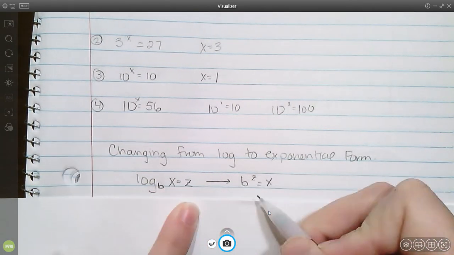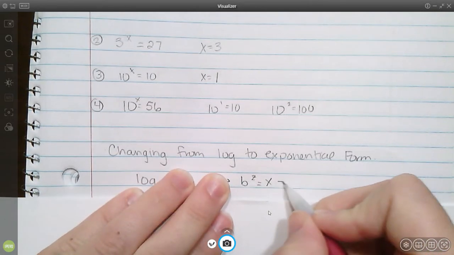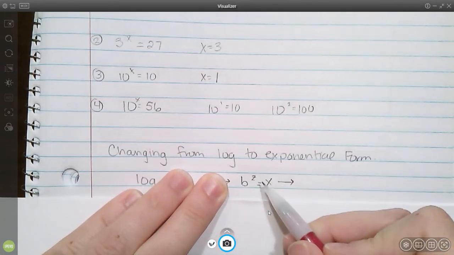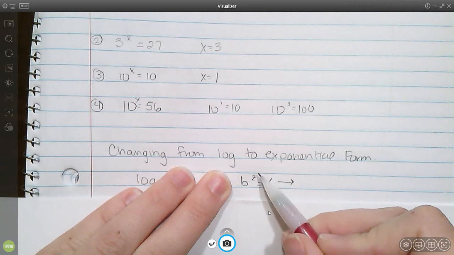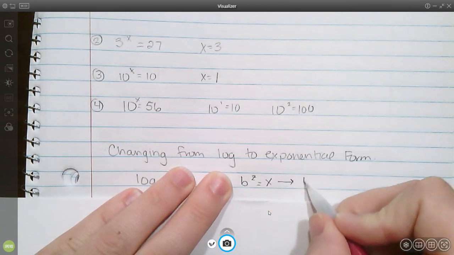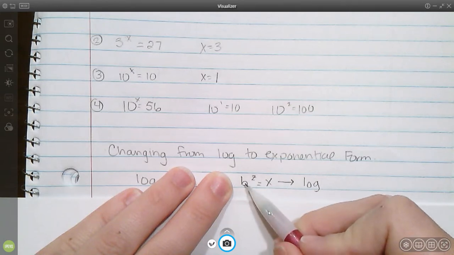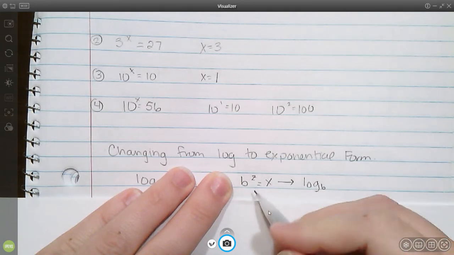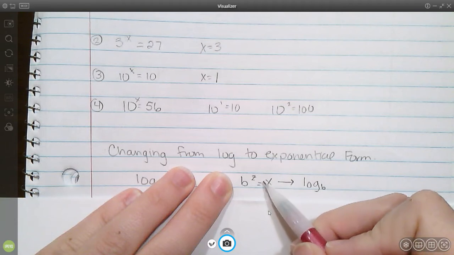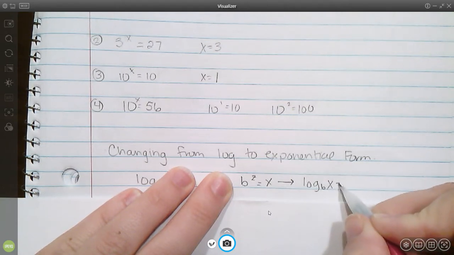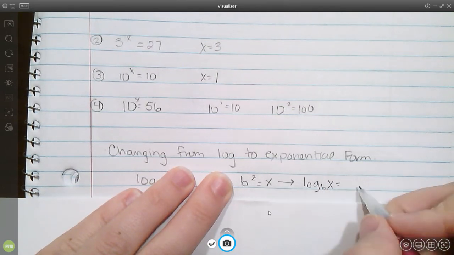So now if you were to go the other direction, so cover this up, in this case you'd be solving for z, which is the exponent. You can write log base b, so this first number is always your base, log base b of x equals z.